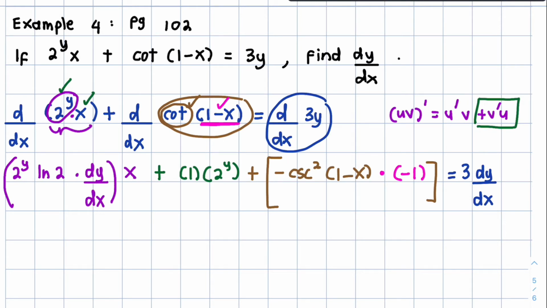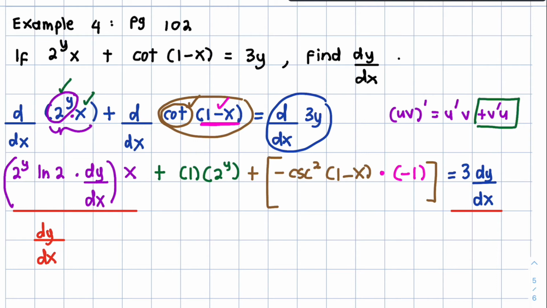What you need to do is you have to collect the term that has the dy over dx. So this is the first term and the second term is your right hand side. So collect together and try to factorize straight away. If you collect and factorize, what you're going to have is dy over dx.